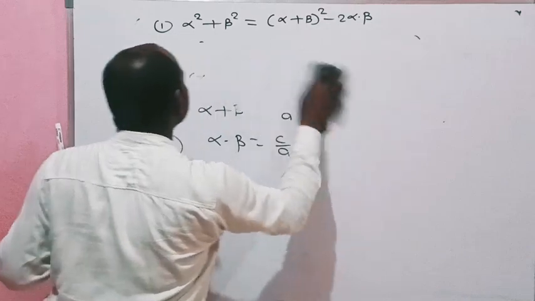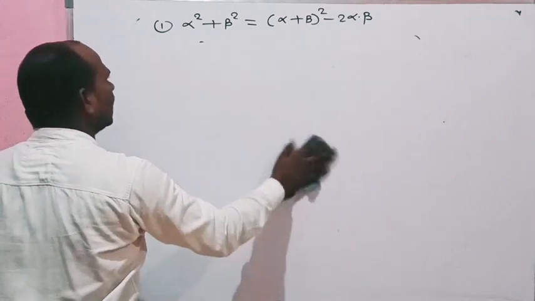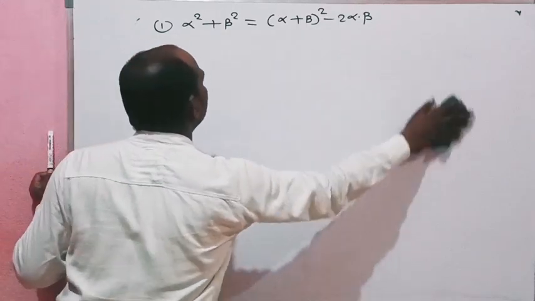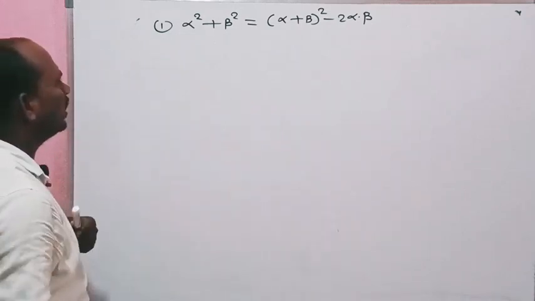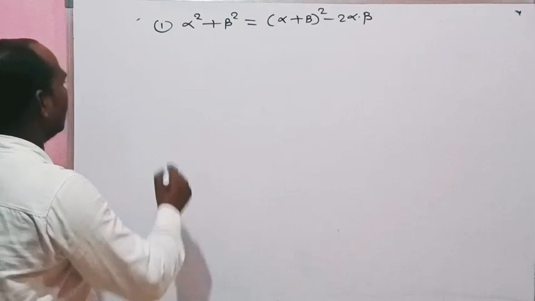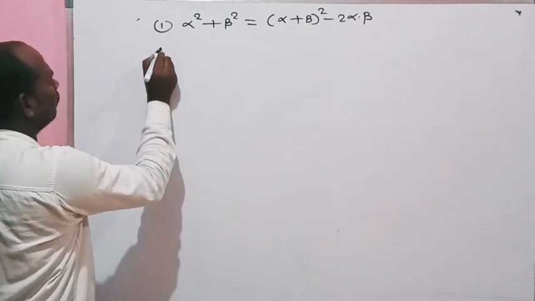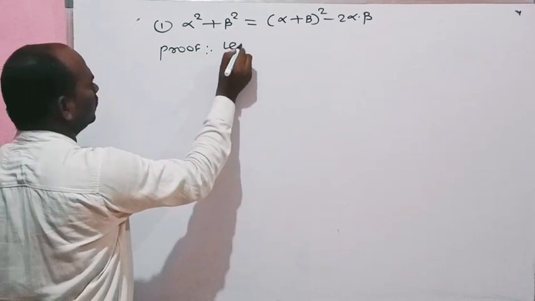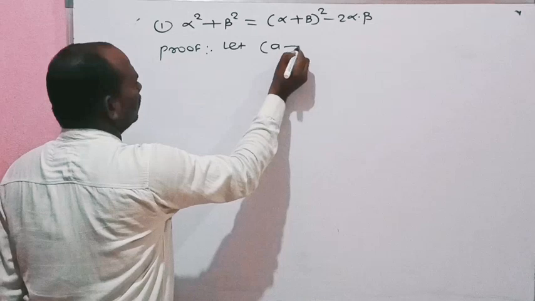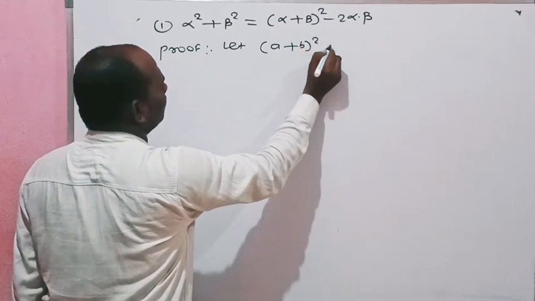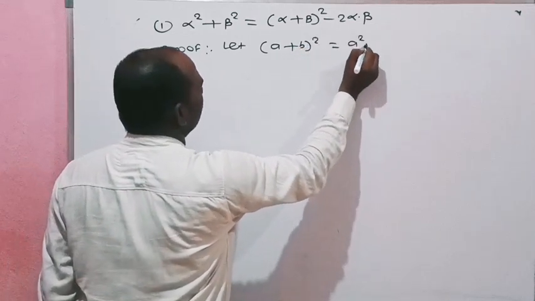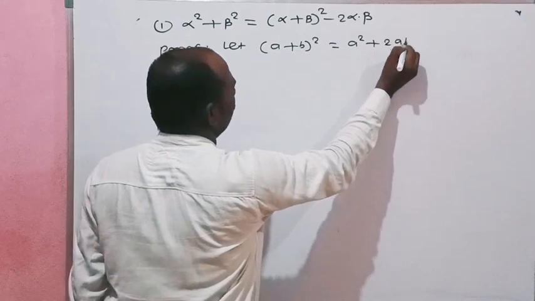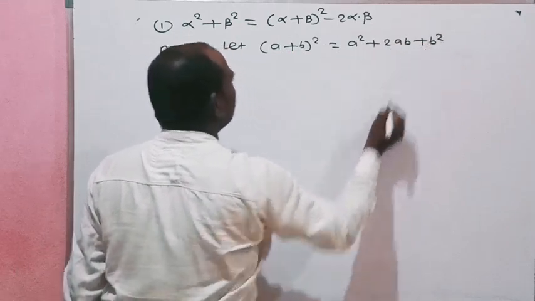Then first, alpha square plus beta square is equal to alpha plus beta its square minus 2 alpha beta. Now proof. Let a plus b its square be equal to a square plus 2ab plus b square.